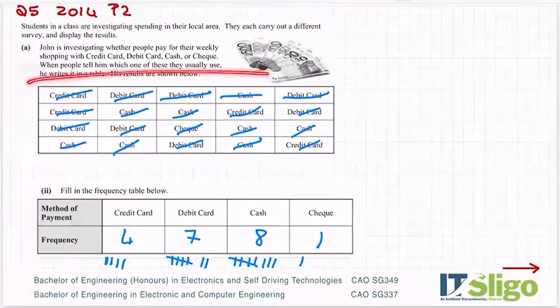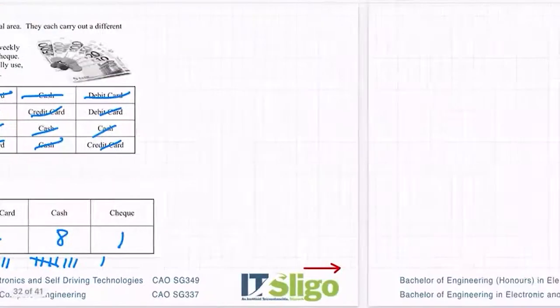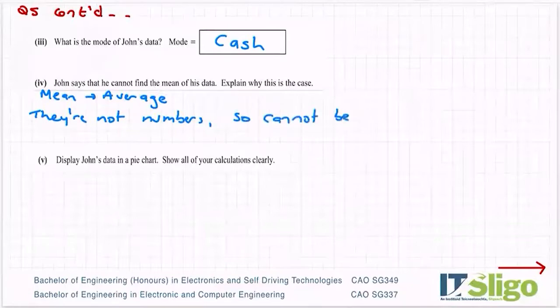We add up all the values and we divide by the number of values. So they're not numbers, so I can't add them up. So that's why I can't get the mean. So they're not numbers, so cannot be added up.